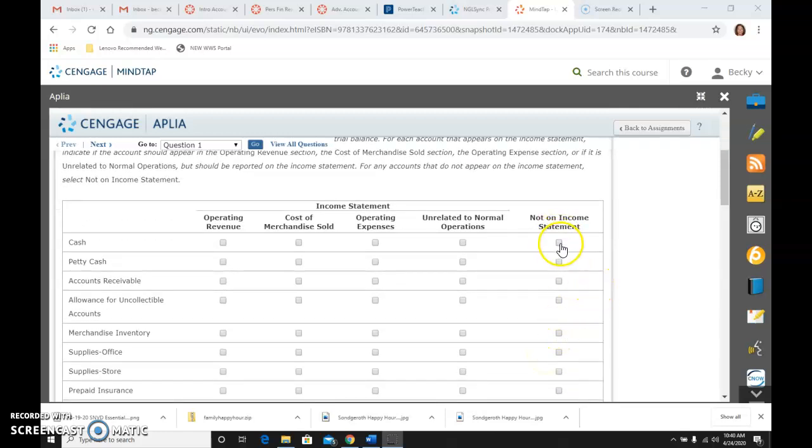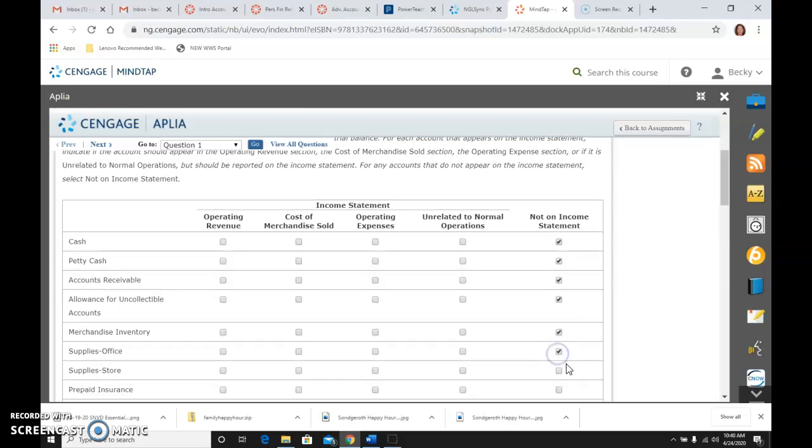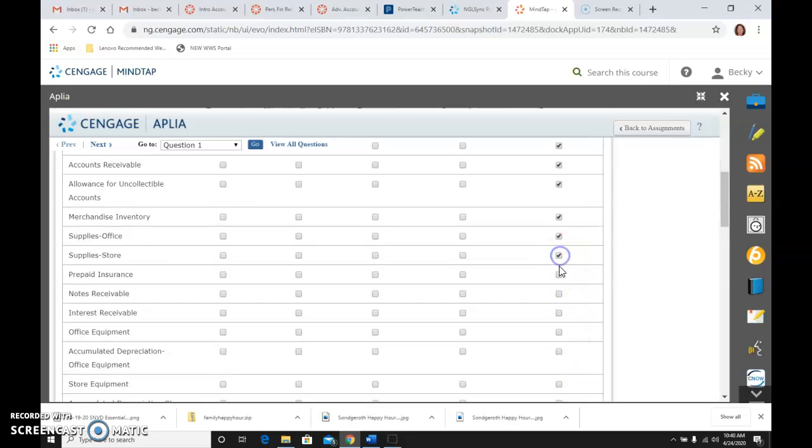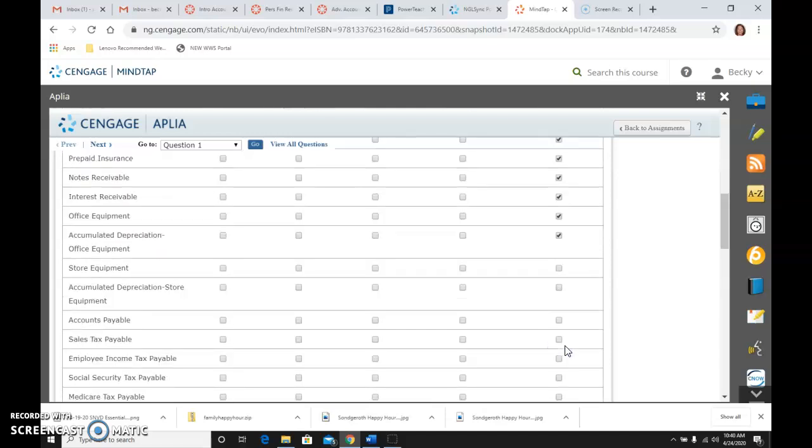So cash, petty cash, assets are not on the income statement. So these are all assets, down a long way, or contra assets, all the way down through accumulated depreciation. Those are not on an income statement.